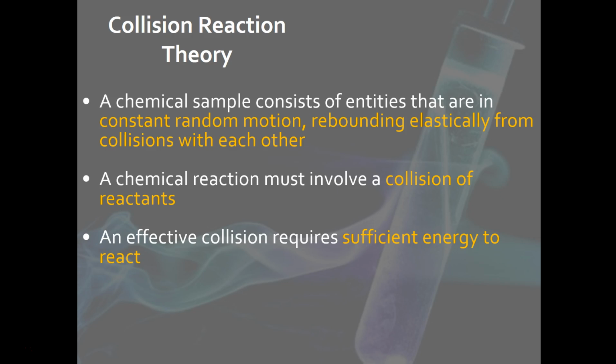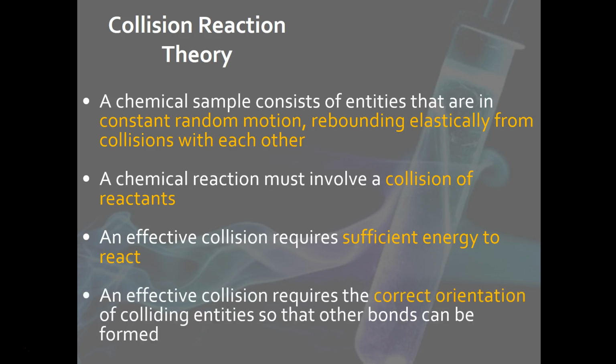There has to be sufficient energy for that reaction to progress. And lastly, not only must they hit each other, they have to have the correct orientation in order for the bonds to break and then reform. Those are all parts of the collision reaction theory.